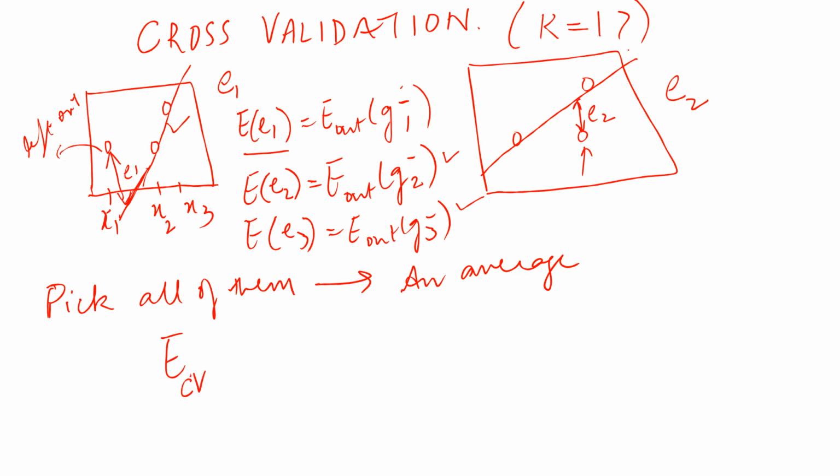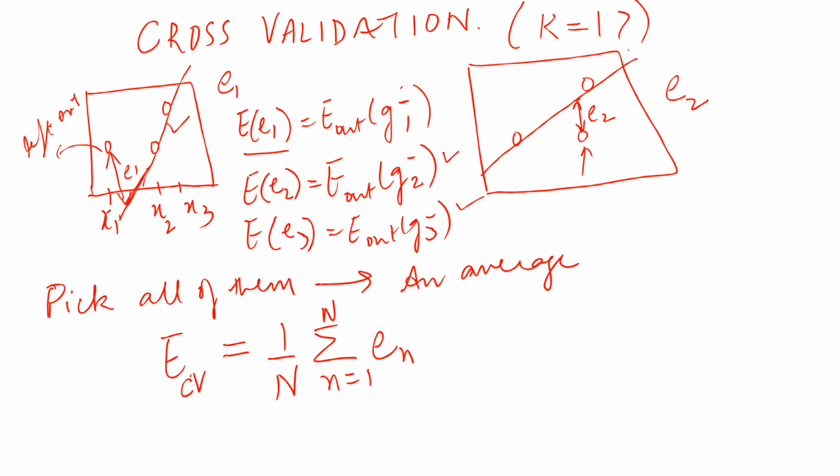So E of CV is going to be 1 over n times the summation of all of these errors, right? Because I can cancel out the effect of the wildness that was applicable for 1 point by taking the average of all these errors.